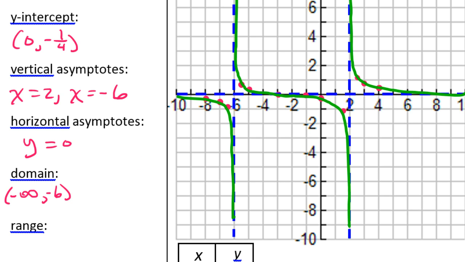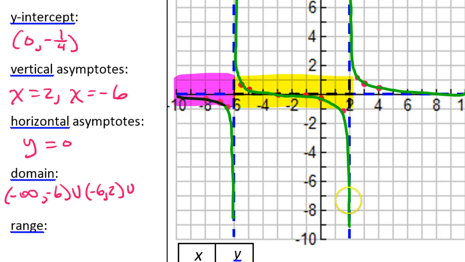All right, that takes me from here to there, and then now I'll do -6 to +2. So I'll do union -6 to +2, and that takes me from here to here.